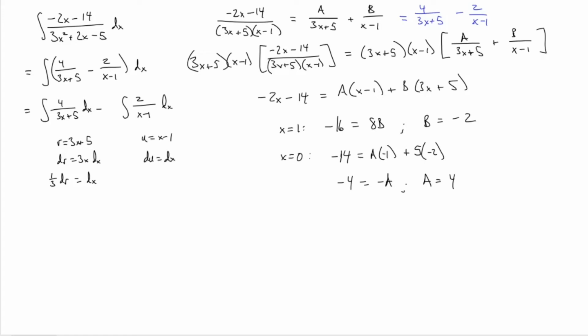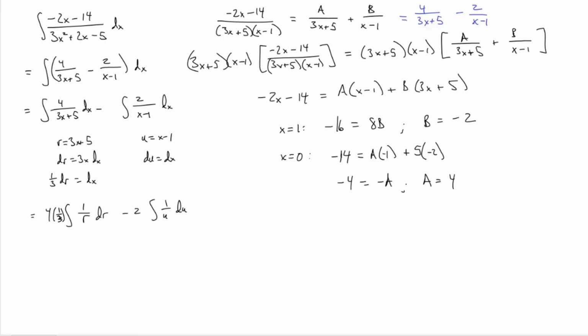And on the right, picking a new variable, I'll let u be x minus 1. So du is just dx, and that's a little bit simpler. We can pull the constants, the 4 in the numerator and the 2 in the numerator, outside of the integrals, and we can rewrite these integrals in terms of the new variables.